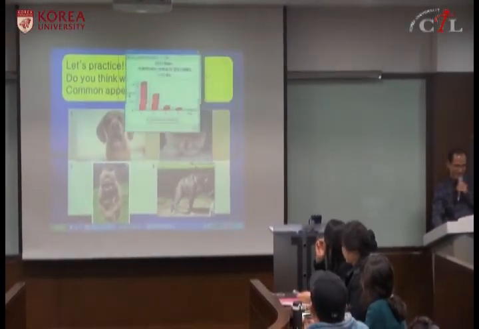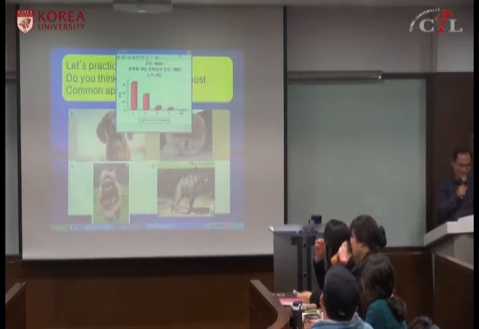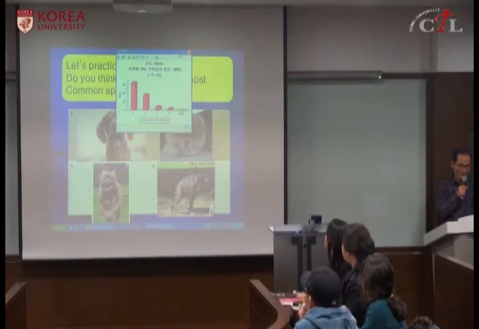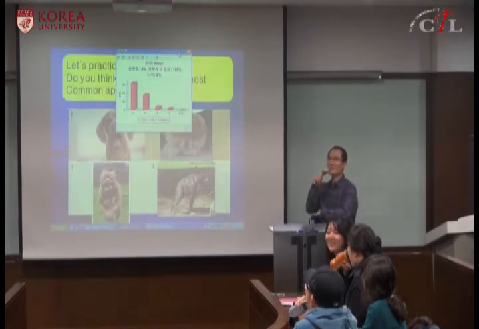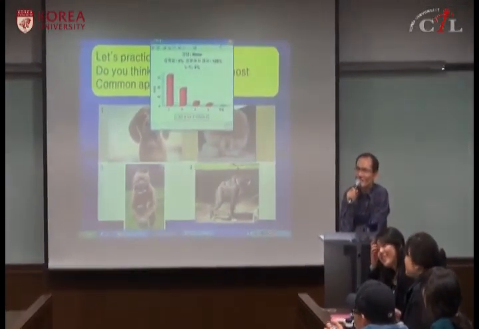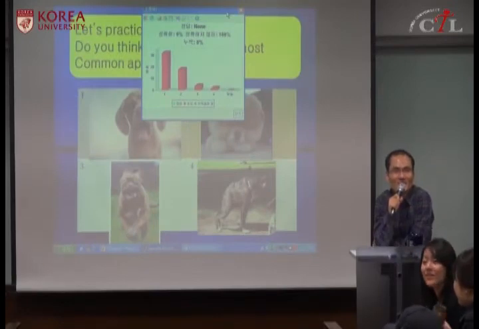Okay, that's what I expected. But let me ask those who pushed the button 3 and 4. Let us know why you think 3 and 4 are the most common appearance. Any volunteer? Who pushed 3 and 4?